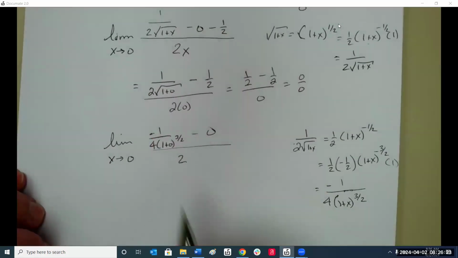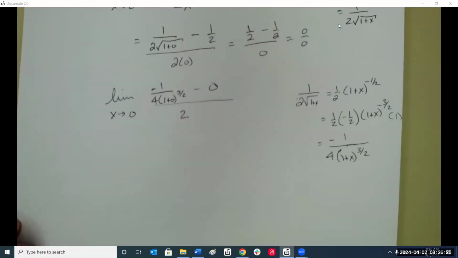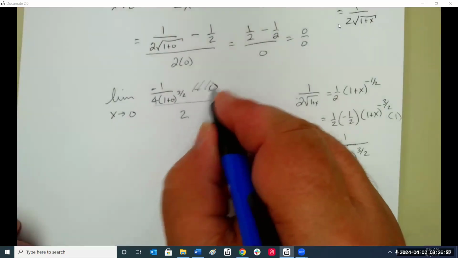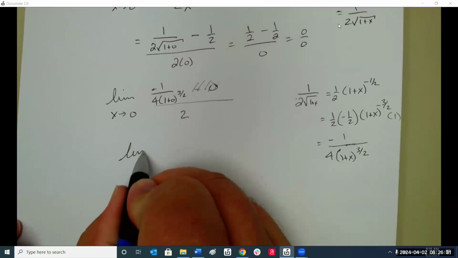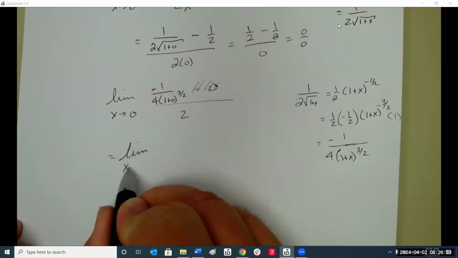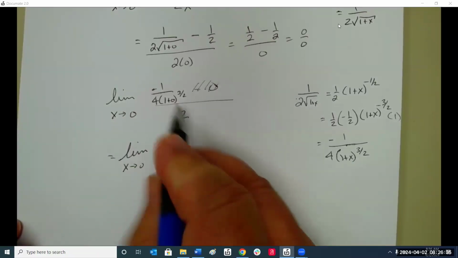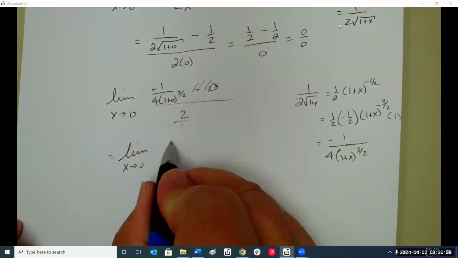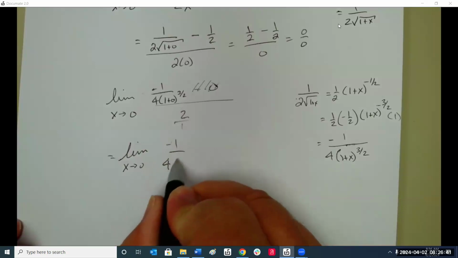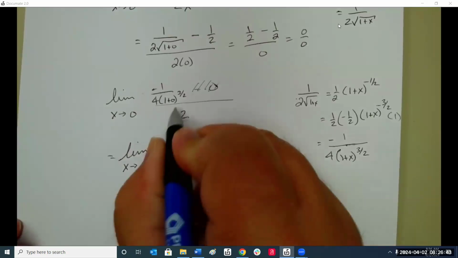The derivative of 2x is 2. So this becomes the limit as x approaches 0. Take the top fraction, multiply by the flip of the bottom, which gives us negative 1 over 4.